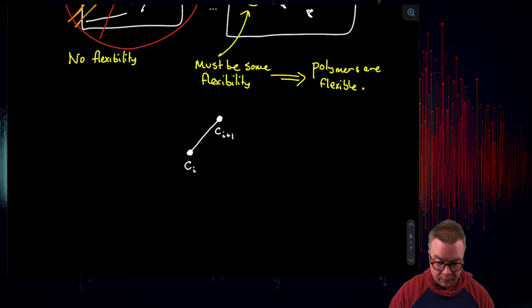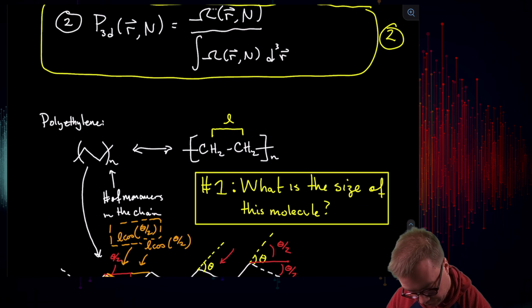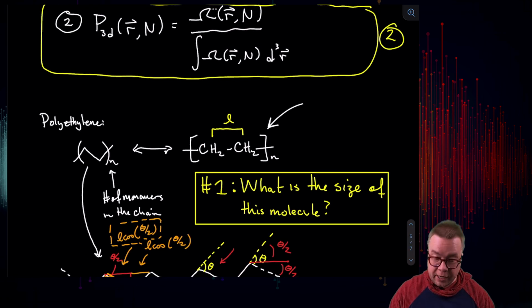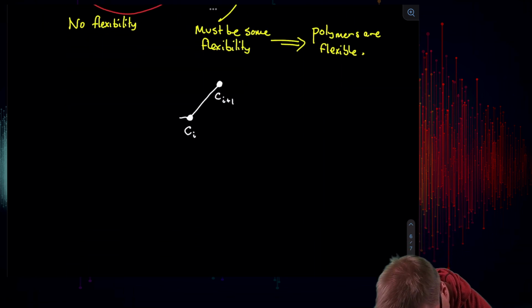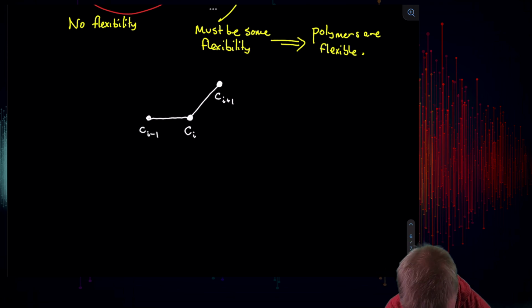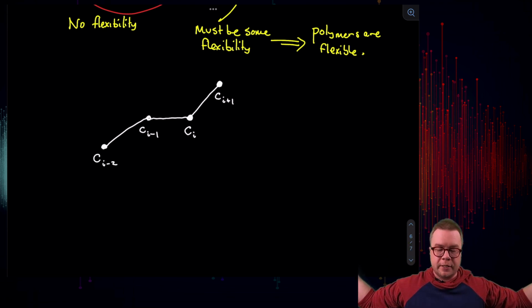And because of the way the polymer chain looks, we know that it also has to be connected on the other side to carbon I minus 1, which is also going to be connected to C I minus 2, and so on. You could go all the way out to the ends of the chains.